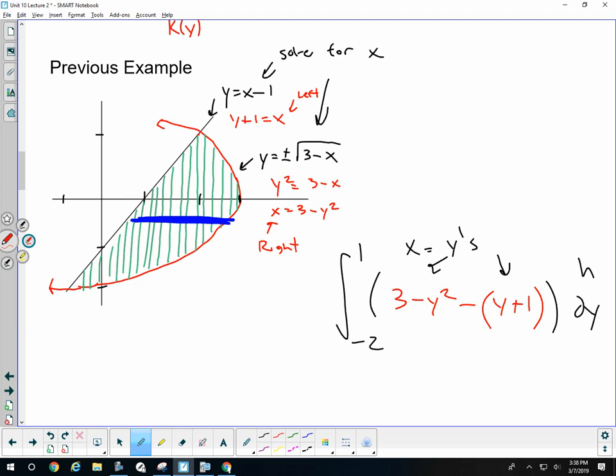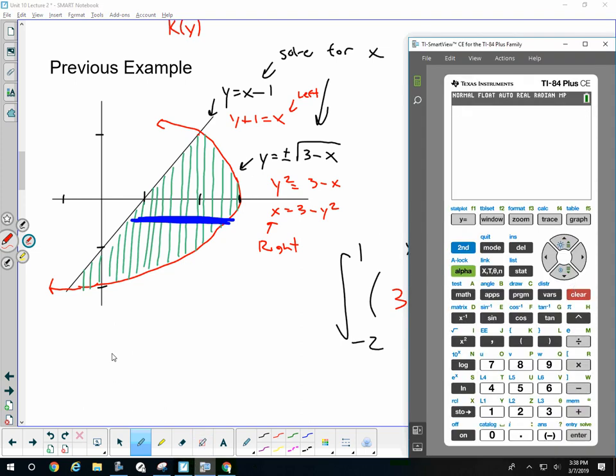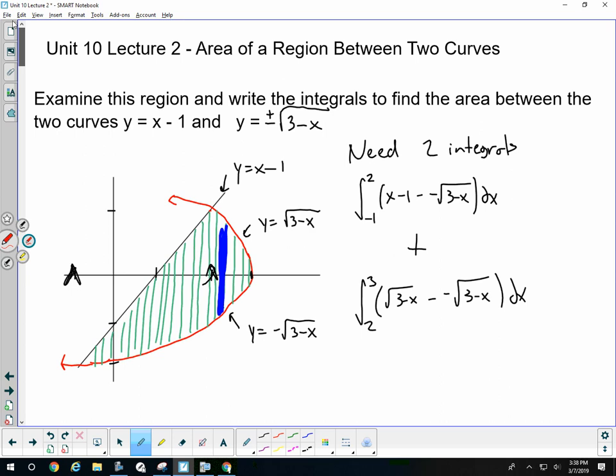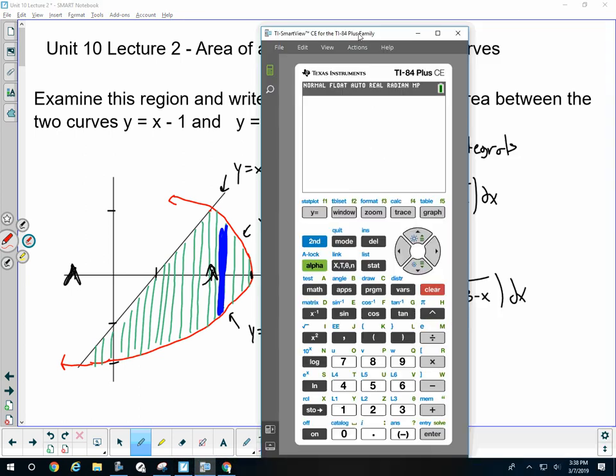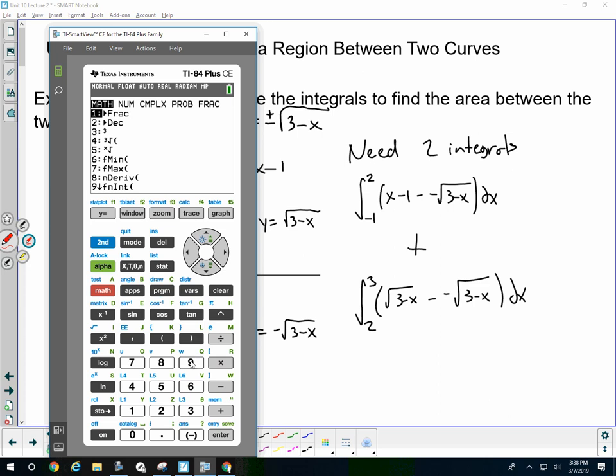Now watch. Quickly using my calculator, I'm going to type in both of those. Let's go back to the front. I had these two integrals. I had one integral from -1 to 2 of x minus 1 plus root 3 minus x.